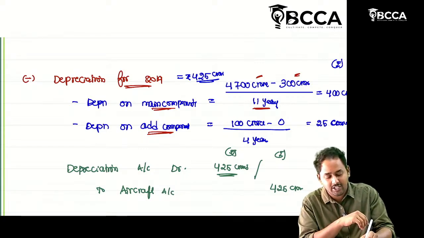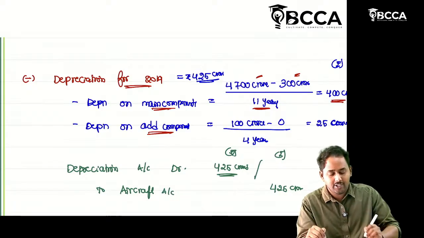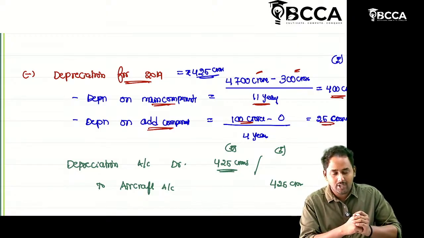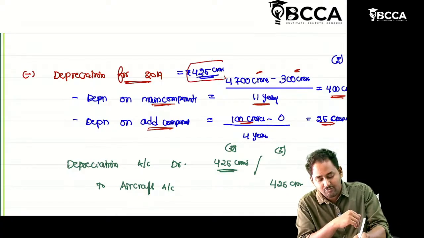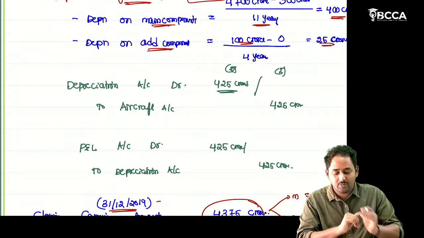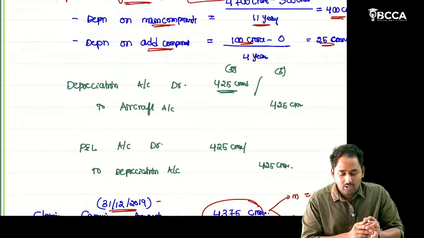Minus, what is the remaining expected useful life? 11 years, because already 4 years expired. So 400. What is the depreciation for the added component? It's 100 crores divided by 4, which is 25 crores. So what is the total depreciation for 2019? 425. So depreciation account debit to aircraft and P&L account debit to depreciation account. So these are the journal entries, and these are the calculations.